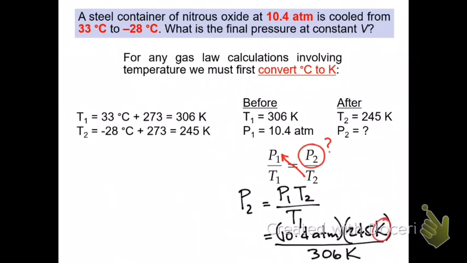All right, the units kelvins cancel out, and you're left with pressure in atmosphere. So P2 is equivalent to 8.33 atmosphere.